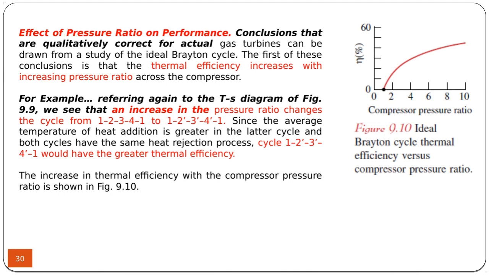In diesel engines, the limitation is material limitations. In gas turbines also, the efficiency can be obtained as a function of the pressure ratios. So the compressor pressure ratio, which is P2 over P1, as it's increased, as you can see, we have an increasing efficiency.